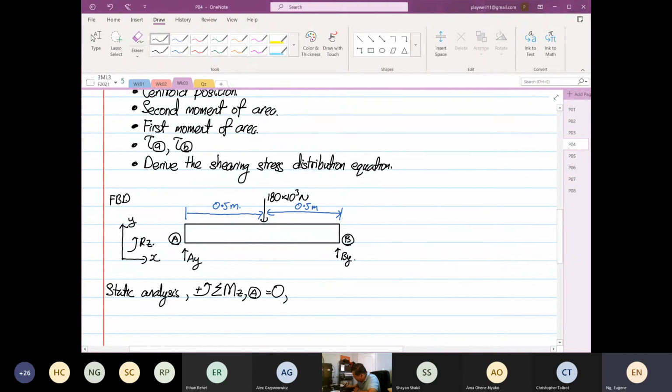So this will be equal to minus 180 times 10 to the power 3 multiplied by 0.5, then plus BY multiplied by 1 meter. The whole thing equals 0. So BY is equal to 90 times 10 to the power 3 Newton.